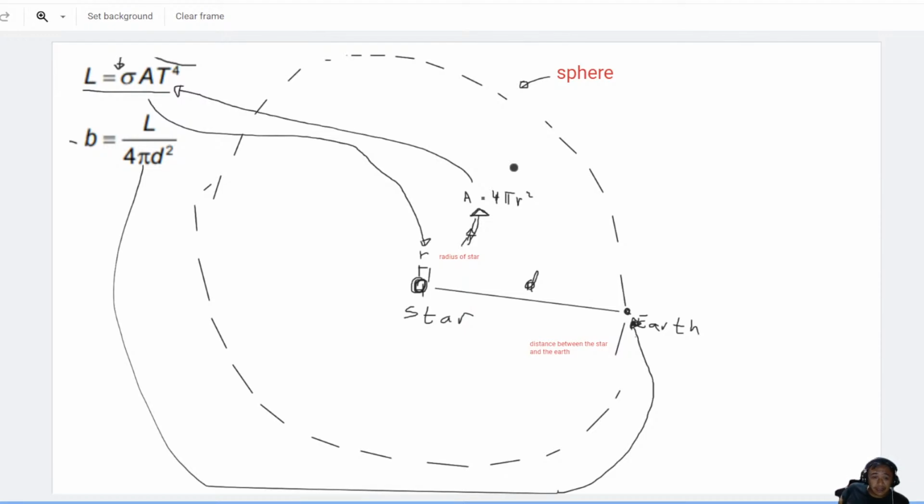Here's another thing though. That luminosity, now here's the thing. Look at this. Isn't this like an area? So if you think about this luminosity and the apparent brightness, they are related not just because they're made by the same star.